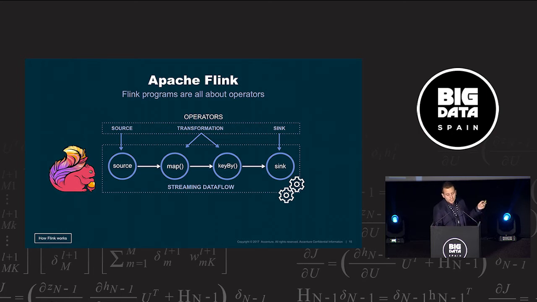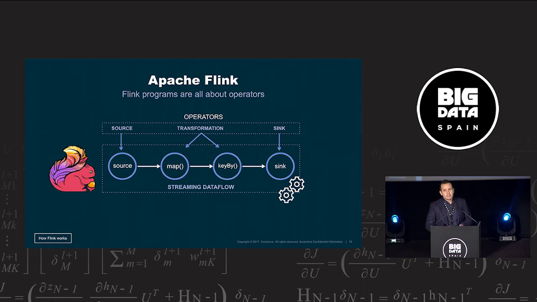So what this diagram shows is a streaming data flow in Flink. And as you can see, this is all about operators. We have three main kinds of operators. We have the source operators that get data from somewhere and bring it into Flink. We have the transformation operators that modify your data.